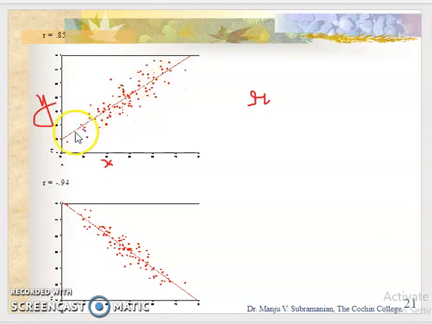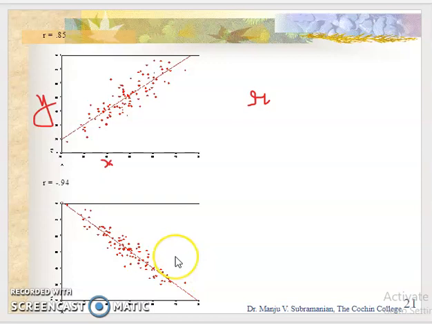And if the line is a straight line towards the upside, then we say that the x and y variables are positively correlated. And if it is downwards, then we say that it is negatively correlated.